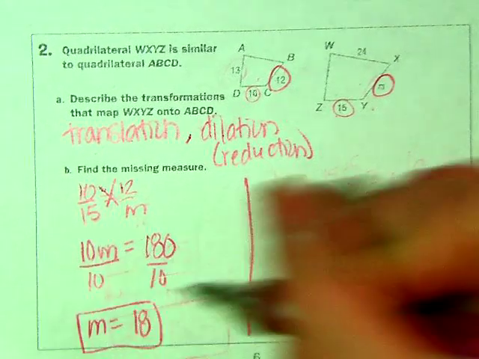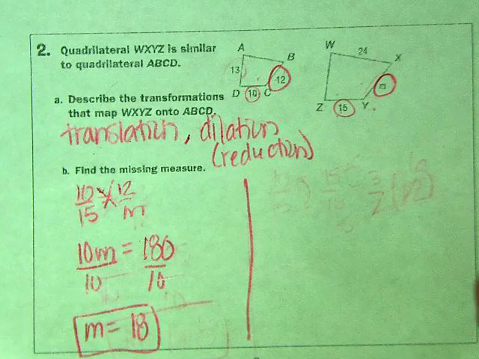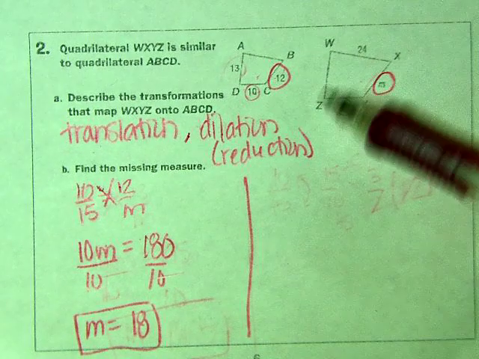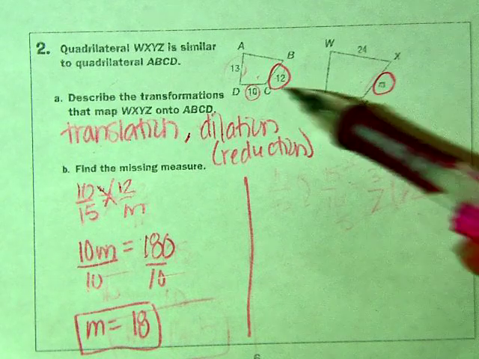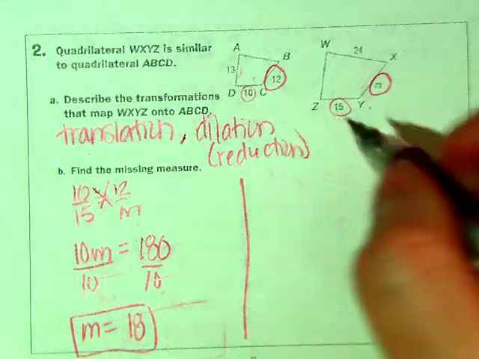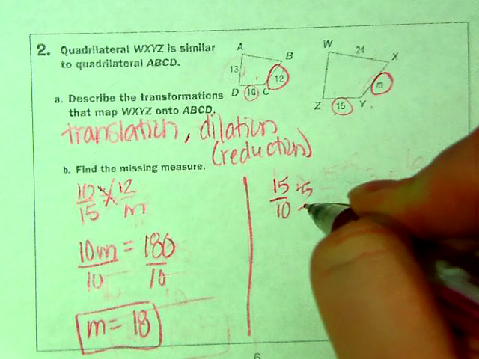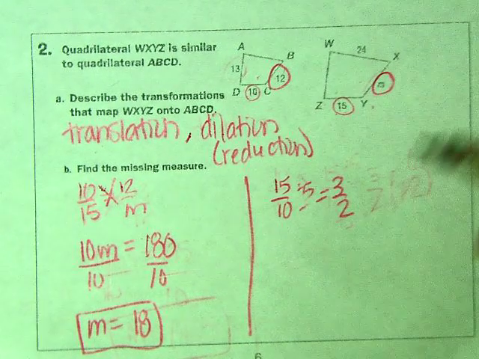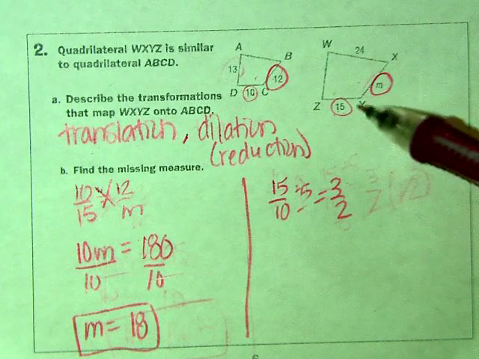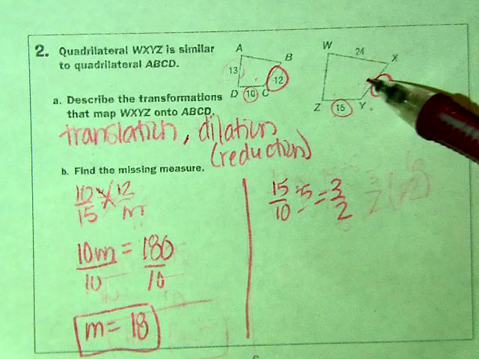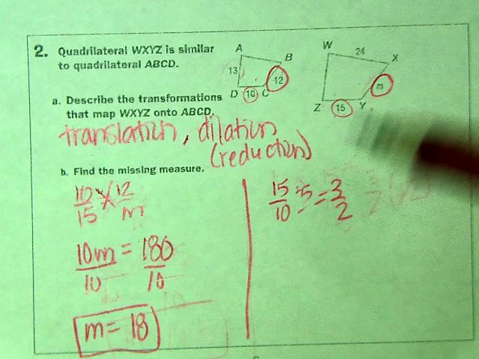No label. If I were to use the scale factor, I need to find the larger side, so I would use the sides that I know and set them up as a ratio, 15 over 10. I'm going to simplify that by taking a 5 out, and I'm going to get 3/2. So that means that the bigger one, WXYZ, is 1.5, 3/2, times bigger.